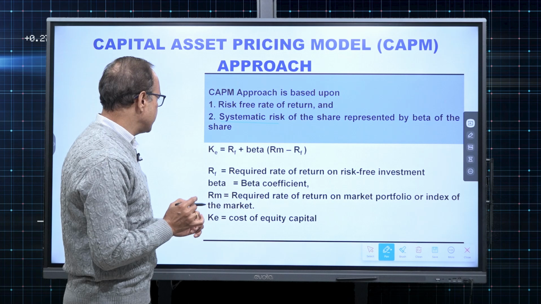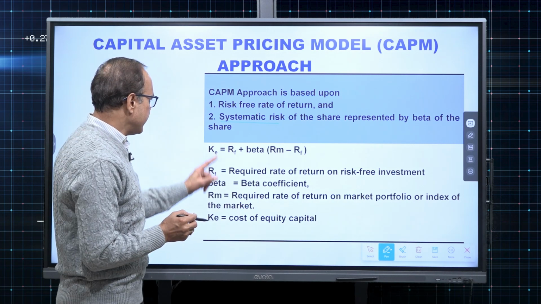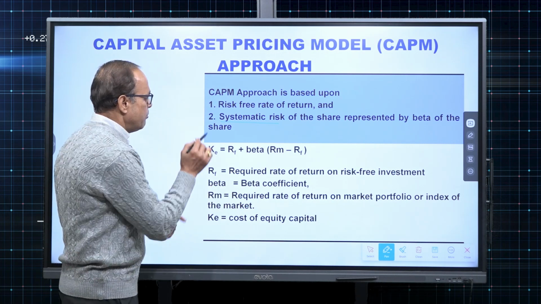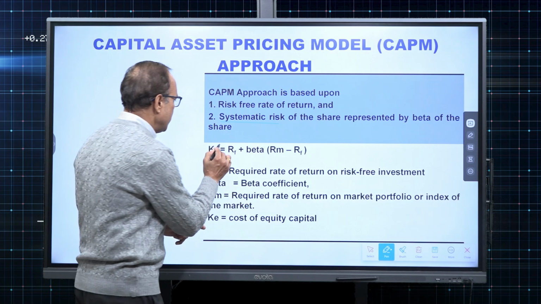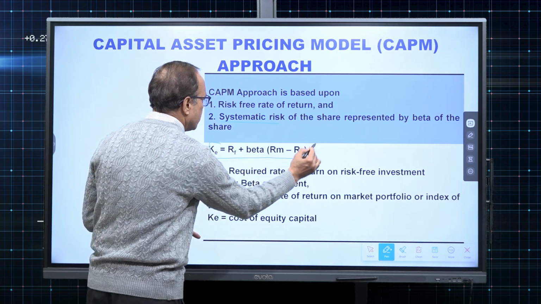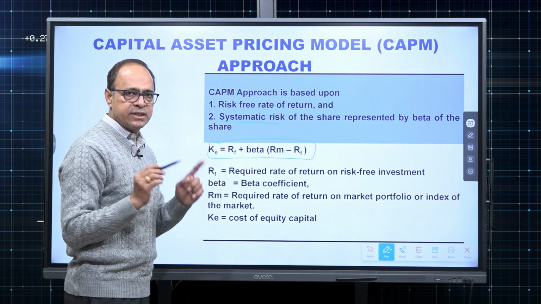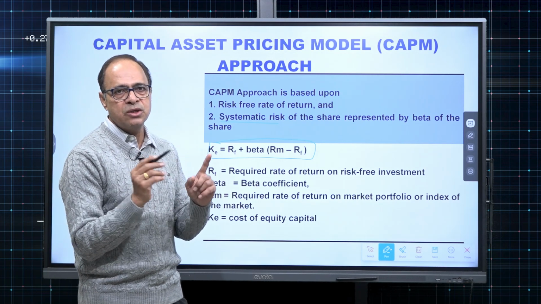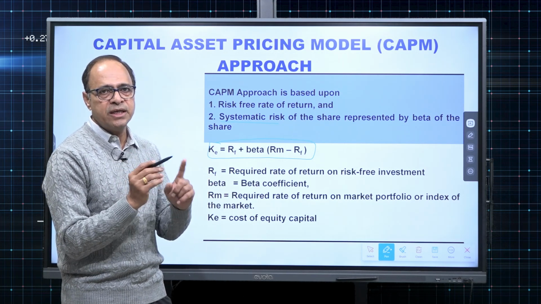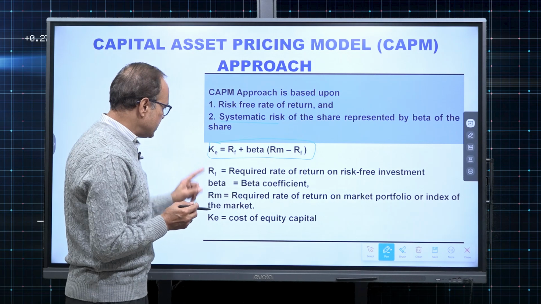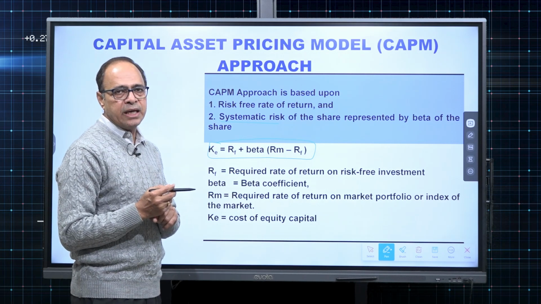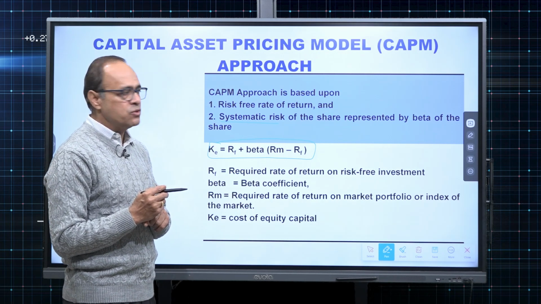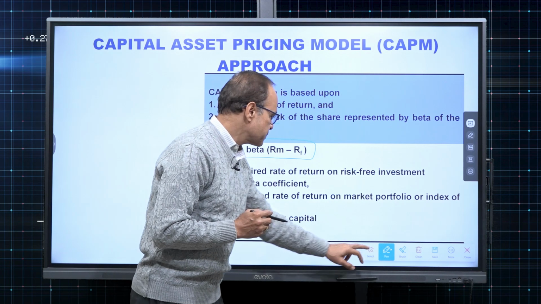Now what beta is, we will see in the next slide, but right now you can note down the formula. By using CAPM approach, we will be using this formula to calculate cost of equity. And once again remind you, cost of equity is after tax cost because dividend is paid out of the after tax income of the company. So these are the parameters we will be using while calculating cost of equity using CAPM approach.